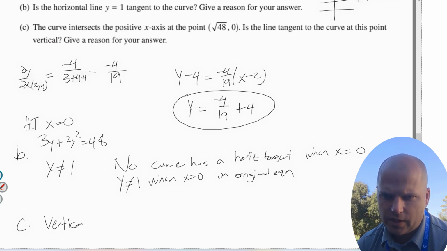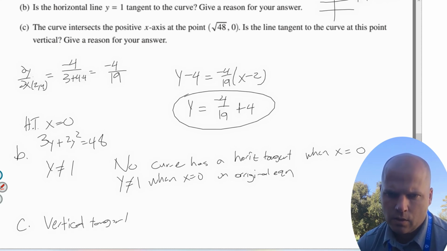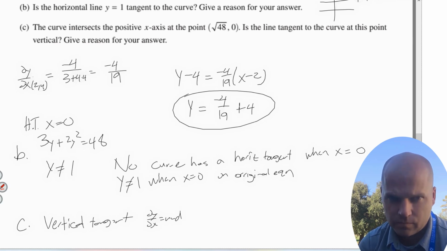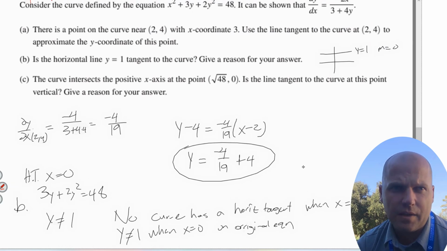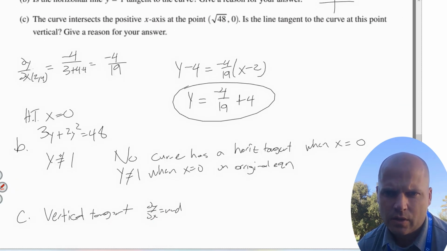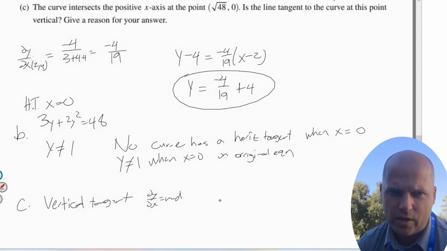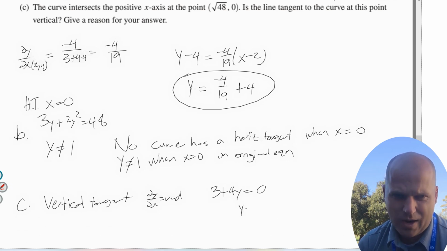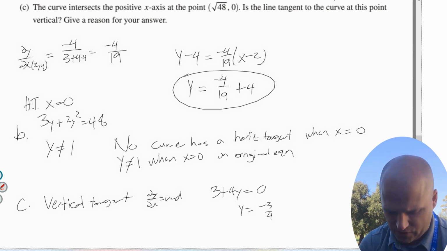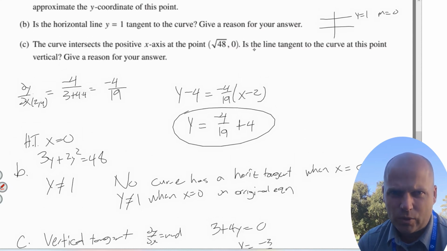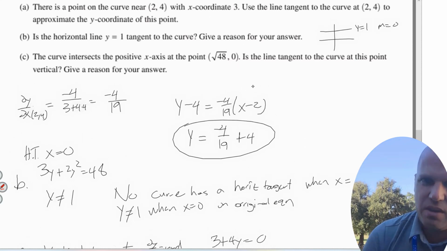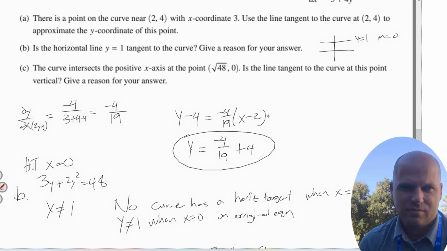A vertical tangent is when dy/dx is undefined, and that's when 3 plus 4y equals 0. That's when y equals negative 3/4, which is not when x is 0. So no.